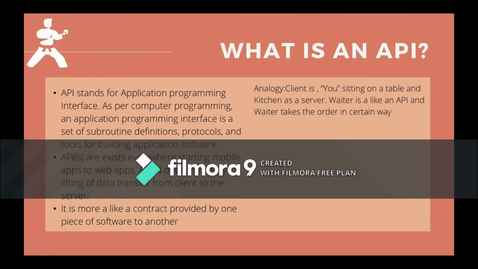All the server-side processing happens on the backend and the server side, and it's sent back and authenticated. A lot of rules you can set up in the API, in the application programming. These are the APIs. Now, we also say that it's like a contract.